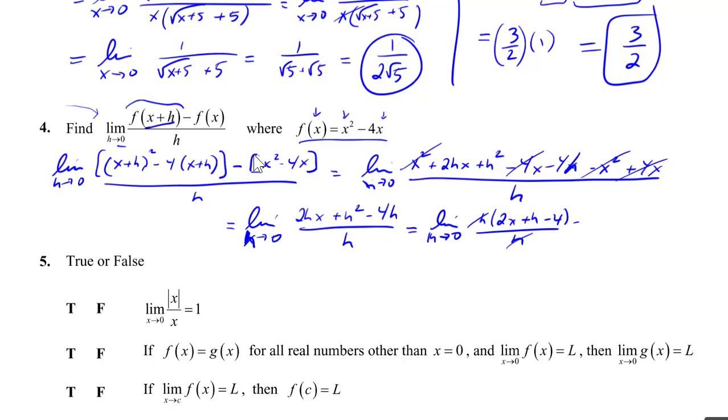Now the h's cancel, and I get the limit as h approaches 0 of 2x plus h minus 4, which can now be evaluated, but realize h here is going to 0, not x. That h goes to 0, and I'm left with 2x minus 4.